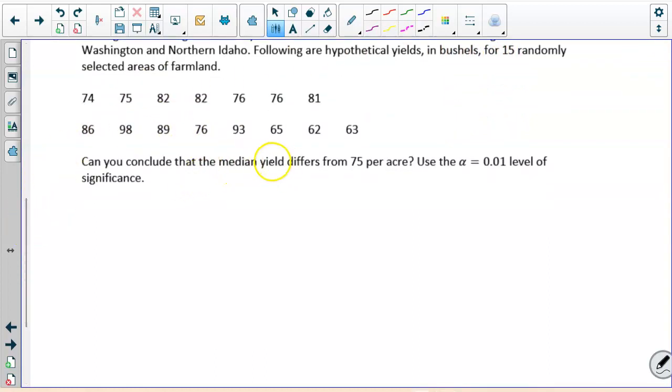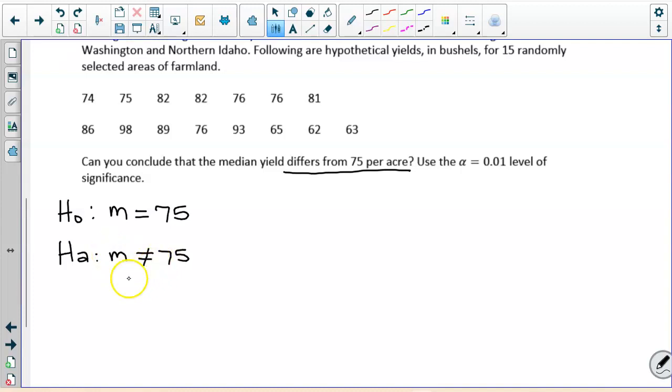Can you conclude that the median yield differs from 75 per acre? So what would my null and alternate be? My null would be the median is equal to 75 bushels, and my alternate will be not equal to, right? Which means it's going to be a two-tailed test, okay?